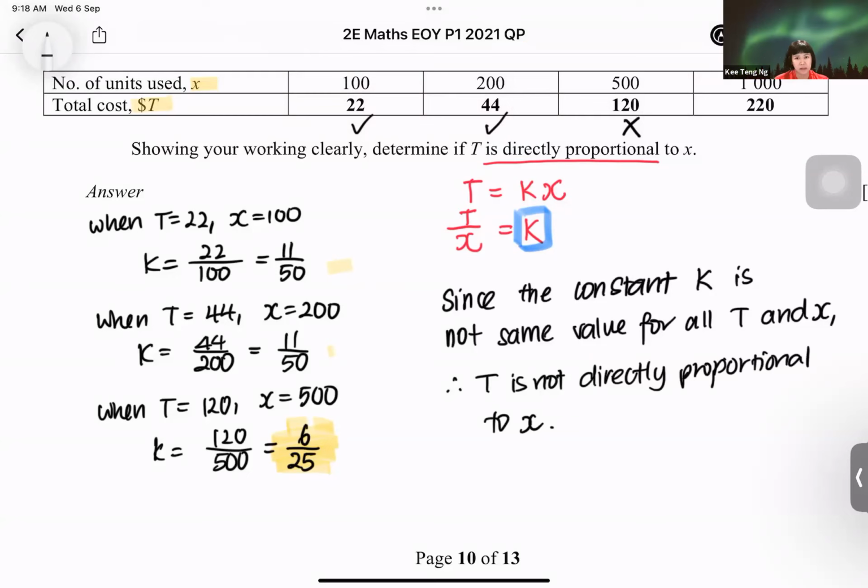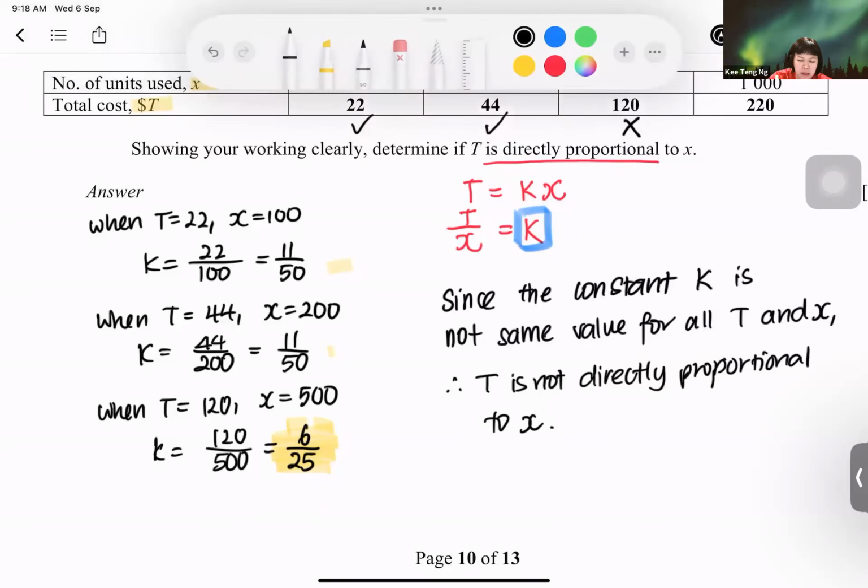If t is directly proportional to x, it will usually be of the form y equals mx, or rather t equals a constant times x. In this case, this k itself is actually m, like a gradient.